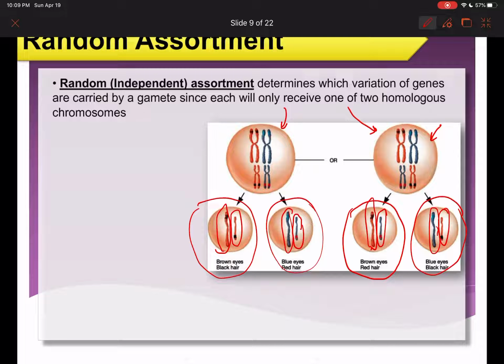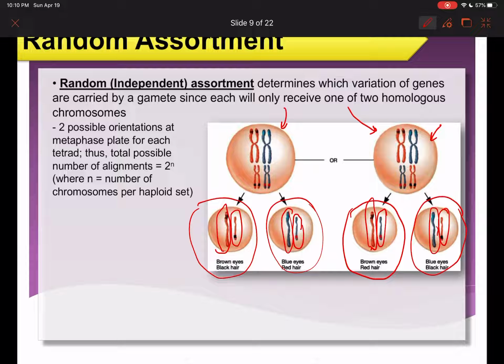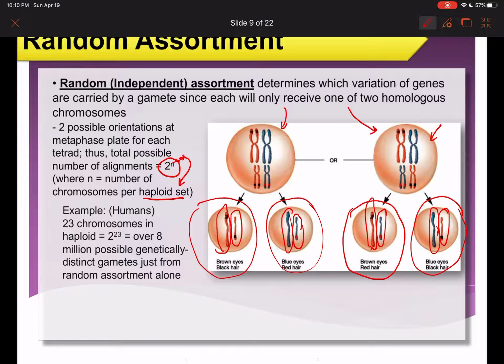So the possible number of genetically different gametes produced can be calculated using the formula 2 to the n power, where n is the number of chromosomes in a haploid set. So for humans, our haploid number is 23.